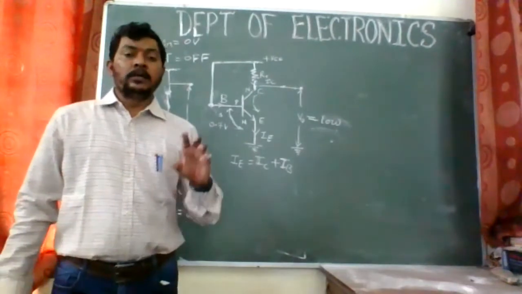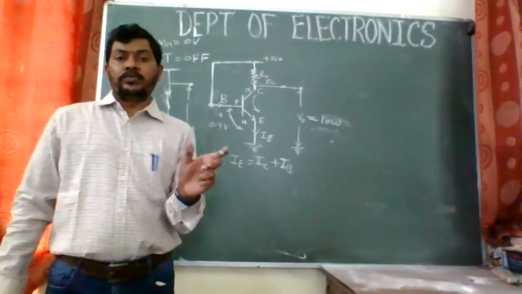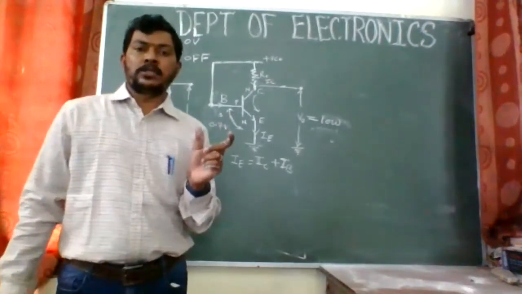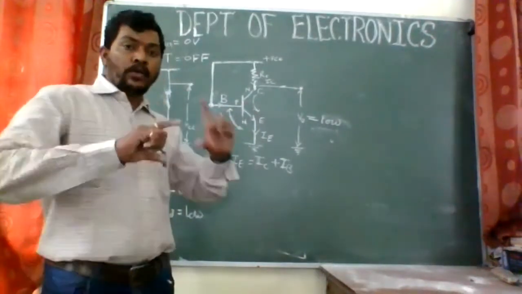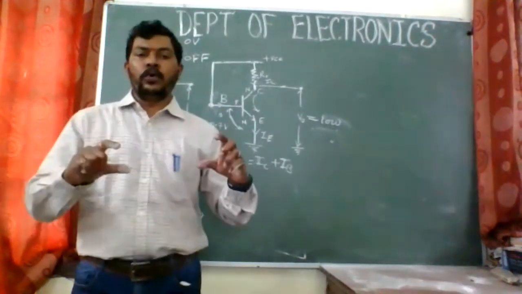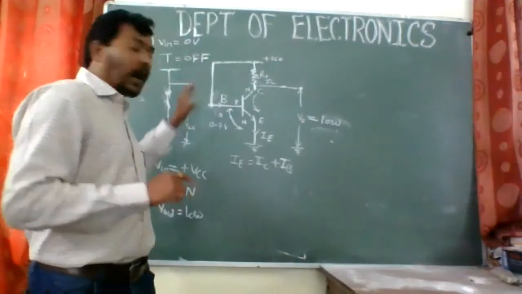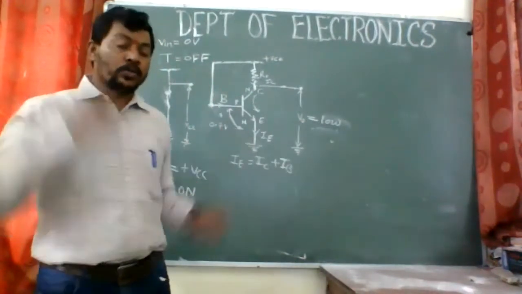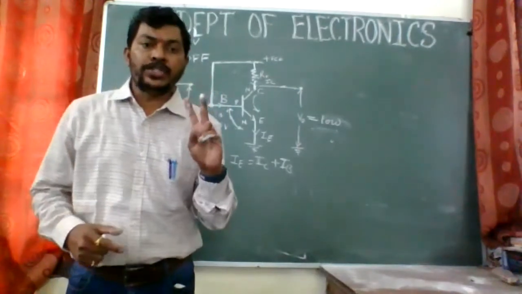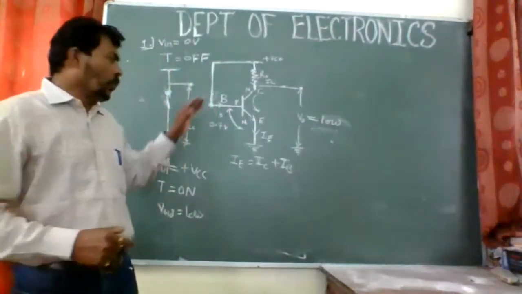So in that regulated portion we have series and shunt type of transistors connected to regulate the output voltage of a circuit, and therefore we required to know how a transistor works. So a transistor works in two regions, saturation and cutoff region.